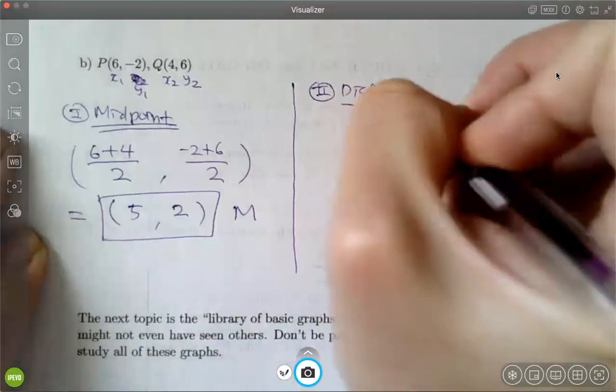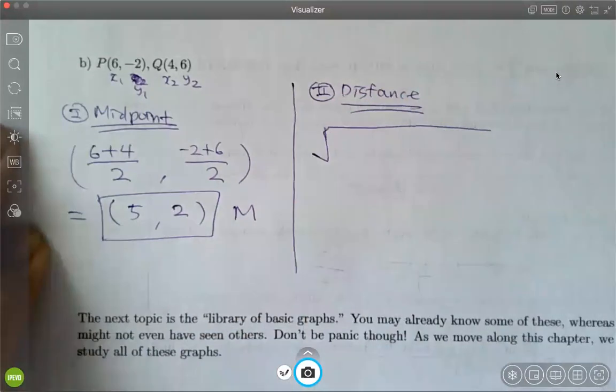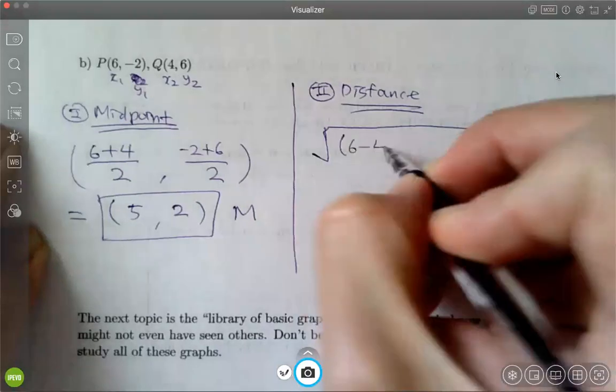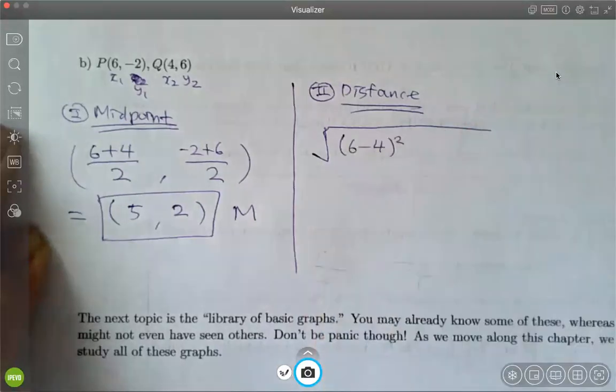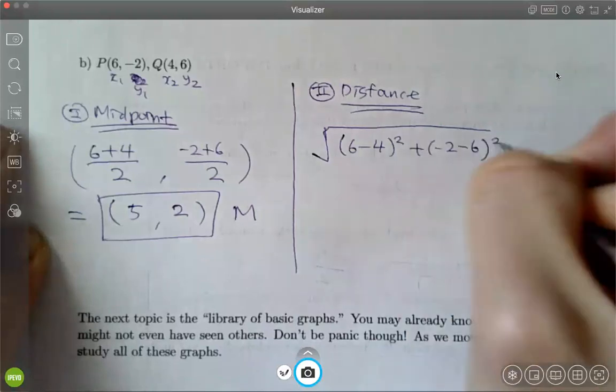Okay, so first we have the square root here. And then remember it's x1 minus x2 squared. So what does that mean? 6 minus 4 squared, right? Okay, and then y1 minus y2, so that's negative 2 minus 6, and then squared, right?